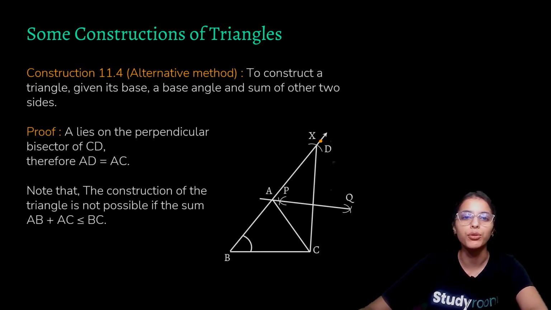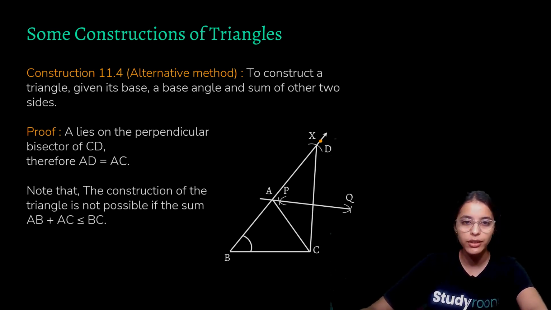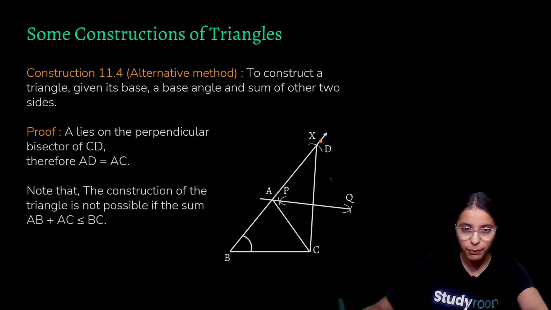Now let us see the proof that follows. To prove that AB plus AC is equal to the given sum, we have already made BD equal to the sum that is given to us. First we'll see that point A lies on the perpendicular bisector of CD.